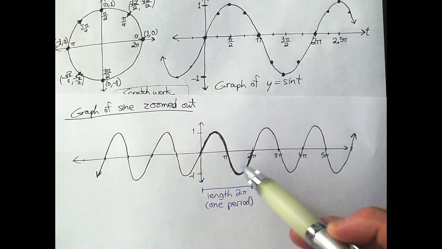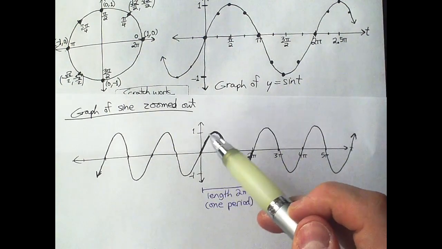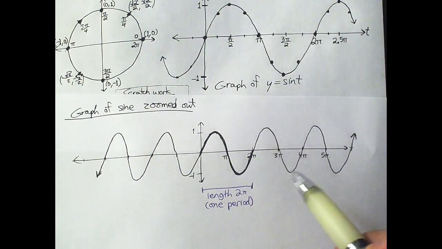And because they keep repeating themselves, that makes them useful for certain real-life applications. For example, sound waves. Or how about water waves? How about something that's vibrating up and down like a spring? So those are some of the applications that we'll see. Radio waves, anything that waves up and down that might fit this kind of shape or something like it.